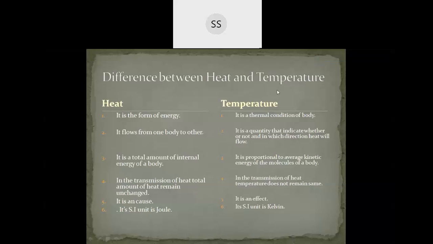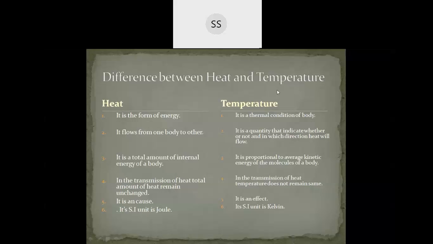Basically, the total amount will be constant. So the total internal energy of a body will always be constant, and basically the total amount of heat will be the same.